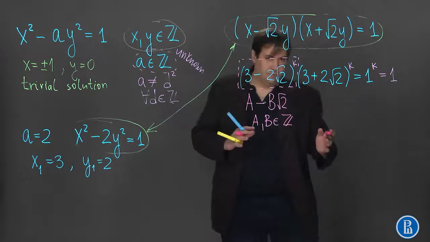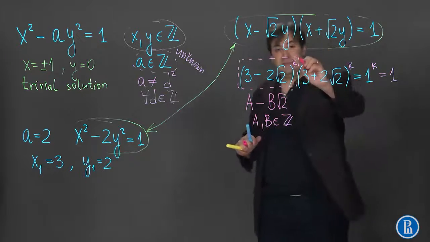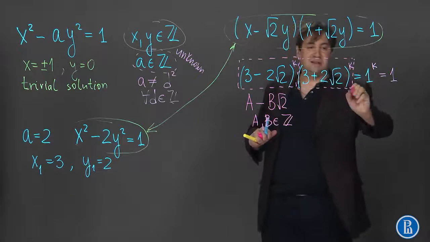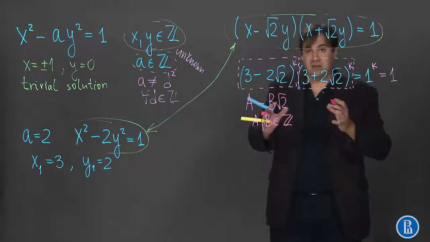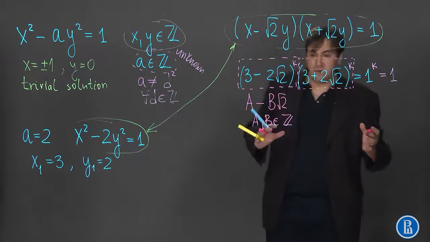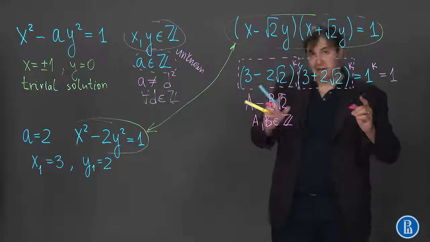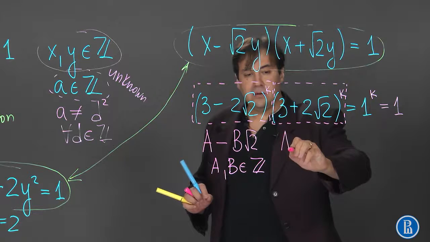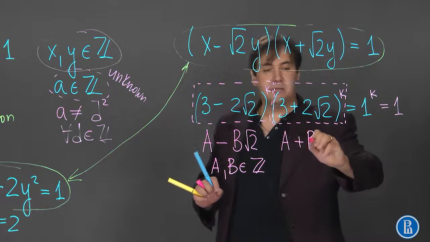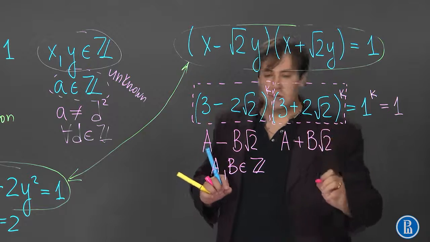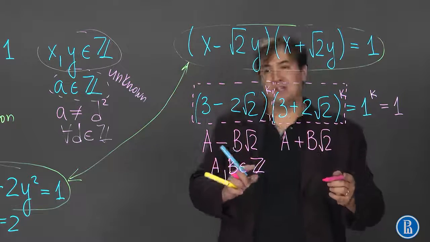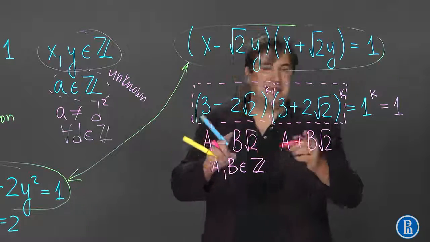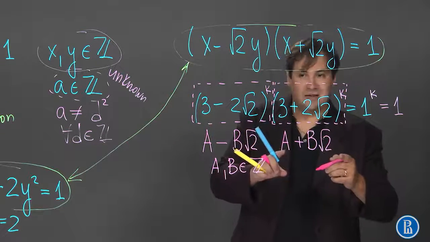What about the second factor? Well, expanded, it can also be represented in the form integer plus or minus some integer times square root of 2. But actually, and I think you understand why this is so, it is equal to a plus b square root of 2. So integers in the representation of the first factor are exactly the same as the integers in the representation of the second factor.